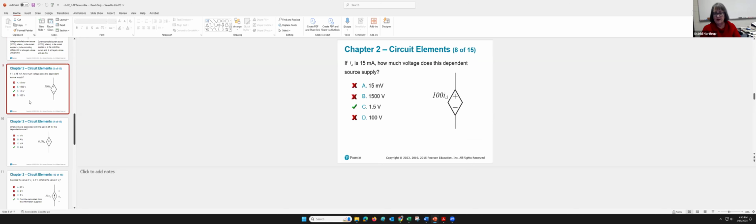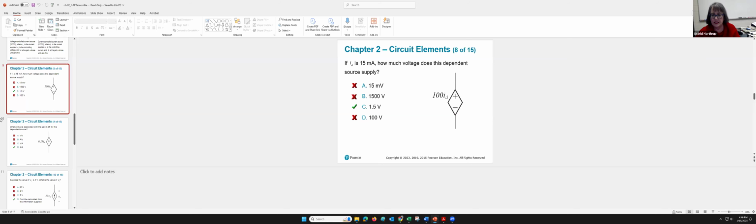Okay, so let's take a look at a couple of things here and also talk about what is going on with this delta. I sub delta is just a symbol. So I sub delta, which we're saying is 15 milliamps, 15 times 10 to the minus third amps. How much voltage does this dependent source supply?